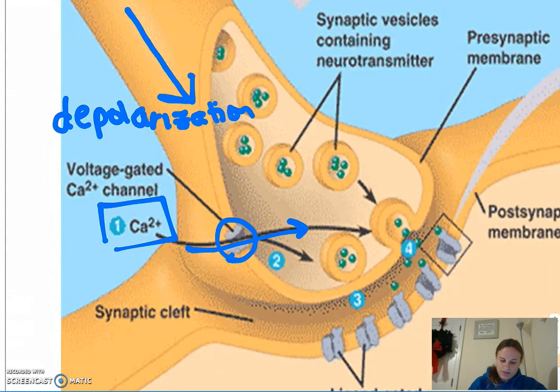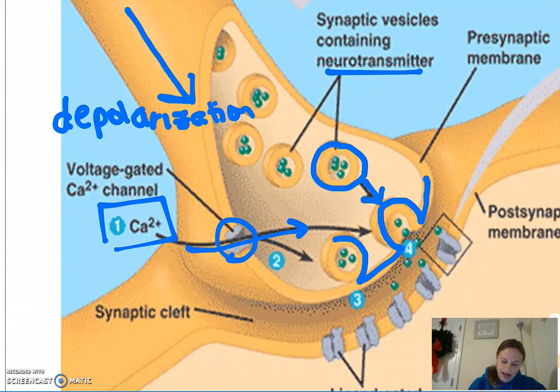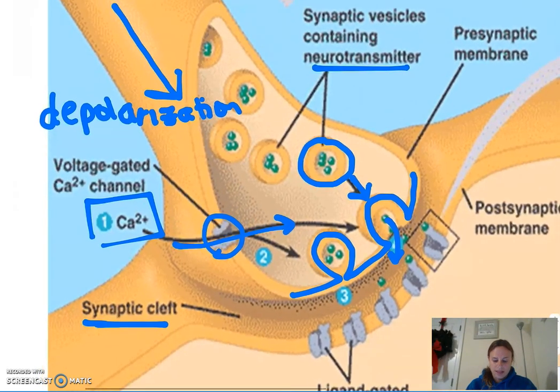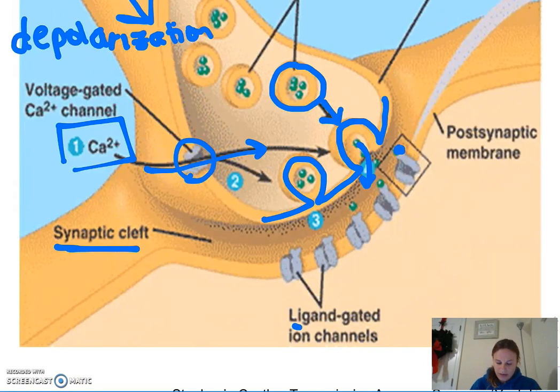That then signals vesicles that contain neurotransmitters to move towards the presynaptic membrane, fuse with it, and release the neurotransmitters. What those neurotransmitters do is they travel through the synaptic cleft, which is also known as the synapse, and bind to our receptor site, which in this case is a ligand-gated channel.